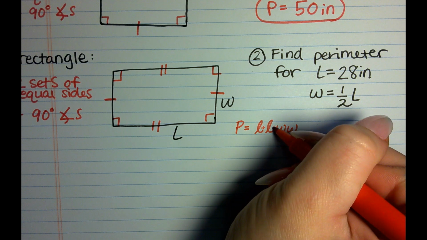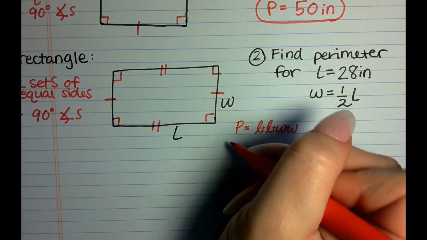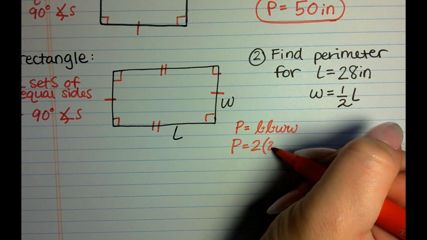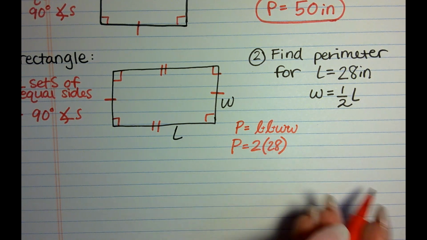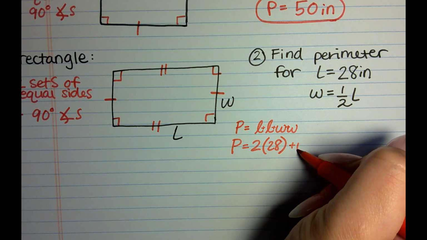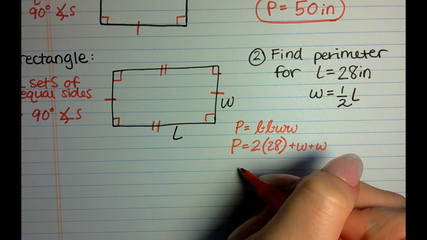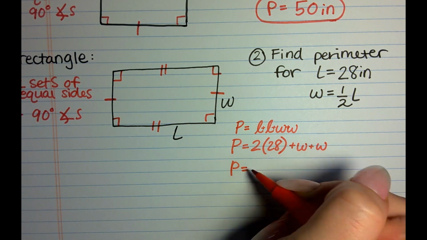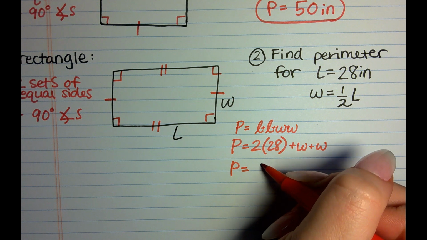I'm adding those. So 2 times 28 is 56. And 14 for the width. Which is 28. 2 times 28, you said 56? Yes. Okay.